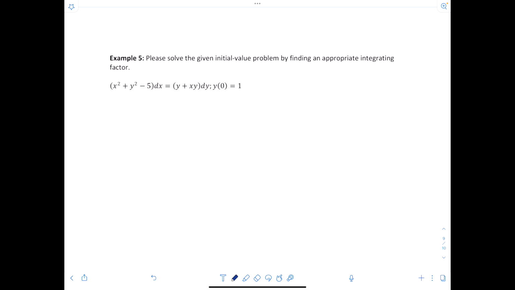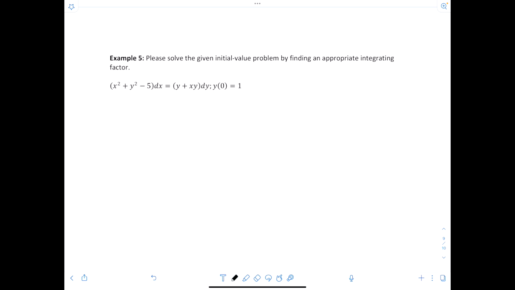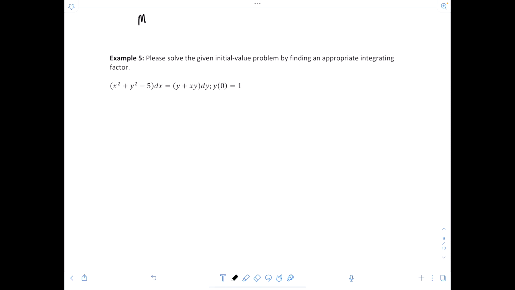Oh, this one I actually corrected, but no, we're good. I was seeing all these equal signs. All right, perfect. If you look at, I'm going to just call it M1, we have x squared plus y squared minus 5. If you evaluate the first partial of M1 with respect to y, you would get 2y.